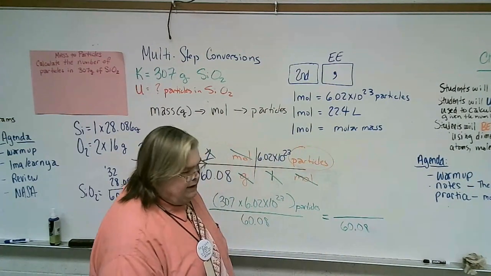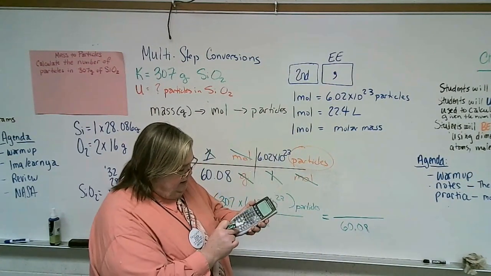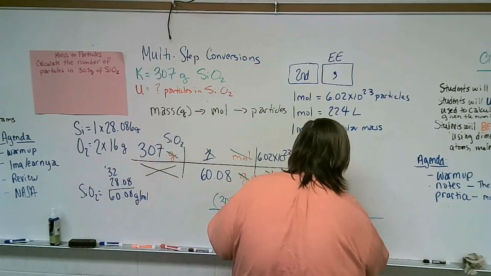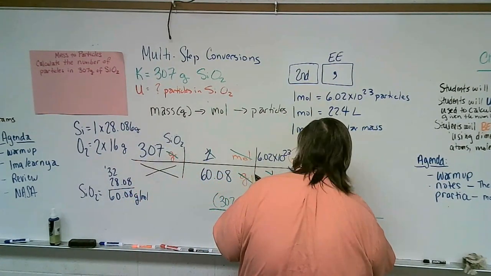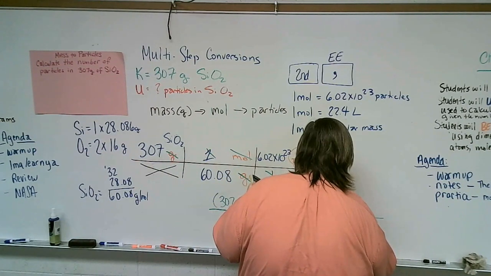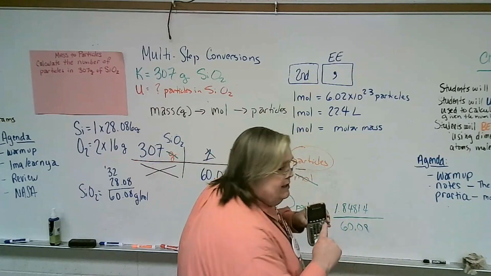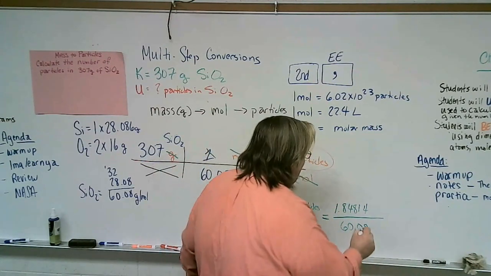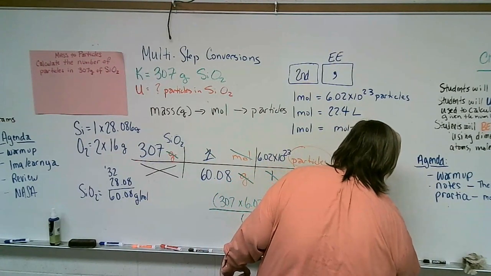or you can divide by 60.08. So let's hit enter. And that gives us 1.84814. And then it gives us an E. That E stands for times 10. Times 10.